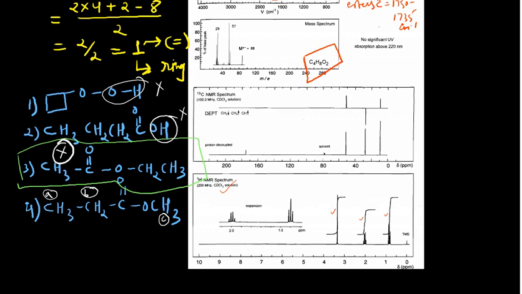Now, you can check for this one, it should be your 3 proton singlet, right, and it should have the highest chemical shift, highest delta value.